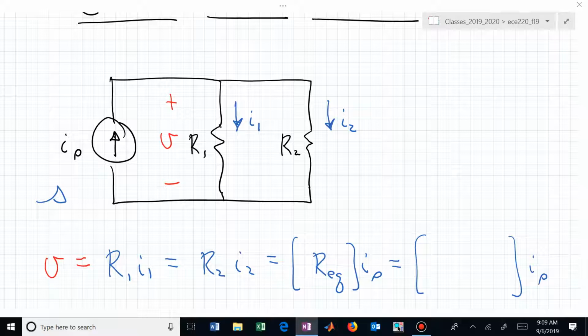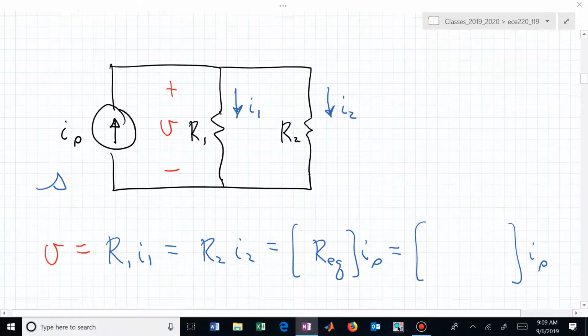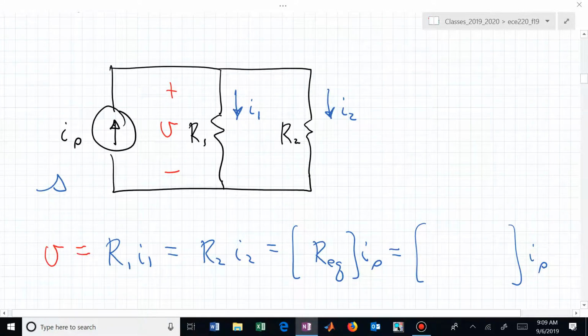What is the expression? Now that we've figured out that current that's floating around, how do we find the equivalent resistance? What's the expression for that? It's a product and a sum.